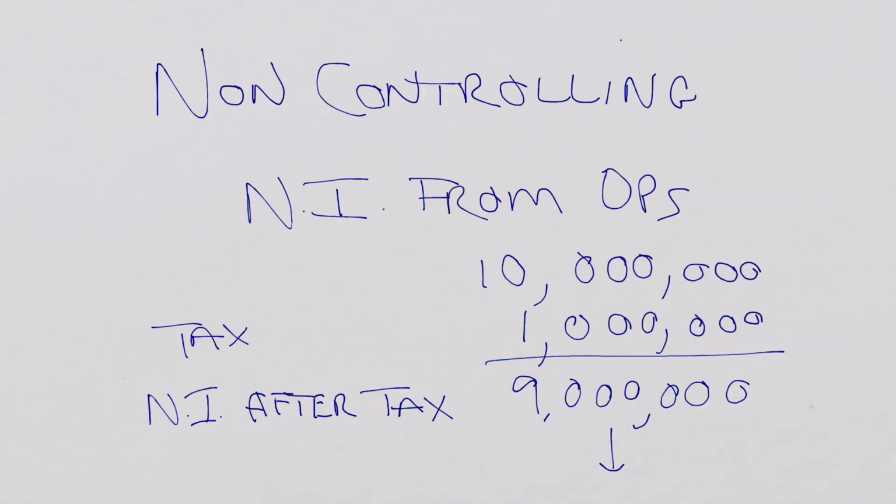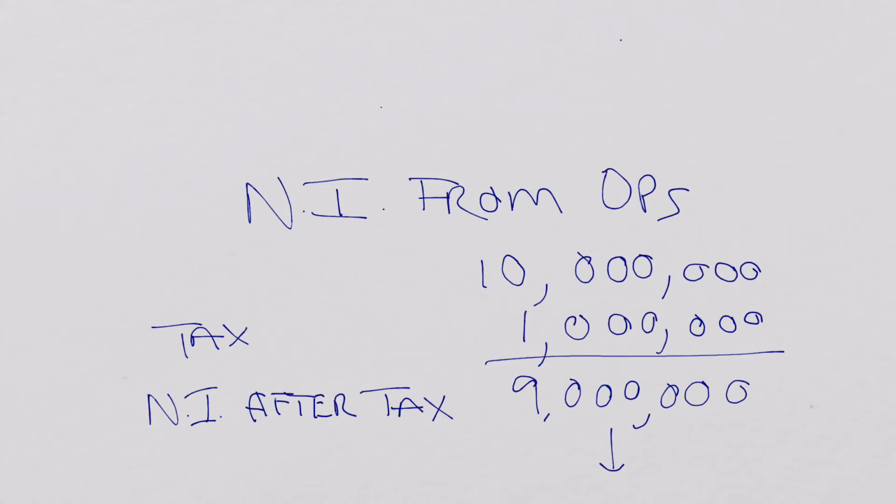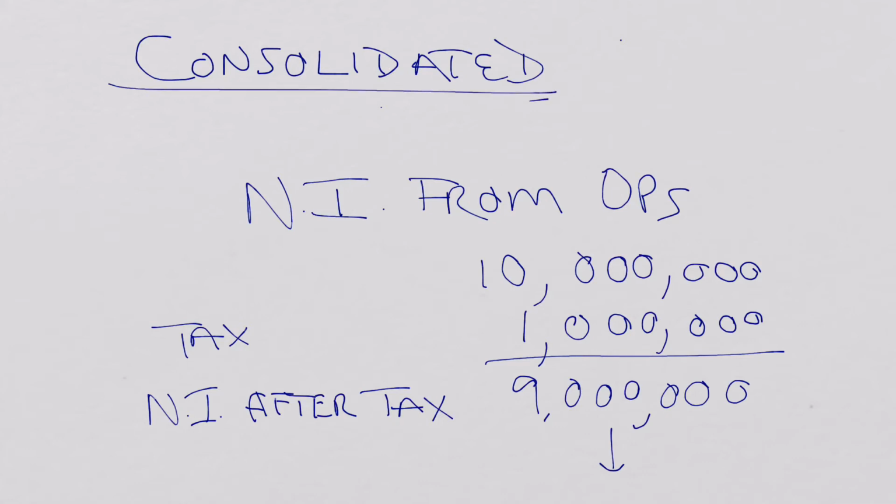Up here at the first number, this net income from ops, in order to make this less confusing, let's take this away. And let's say we're dealing with a consolidated financial statement. Consolidated means it's a financial statement representing the main company and all of its holdings, all the companies it owns, whether they own them 100% or some percentage less, but some percentage that gives them control.